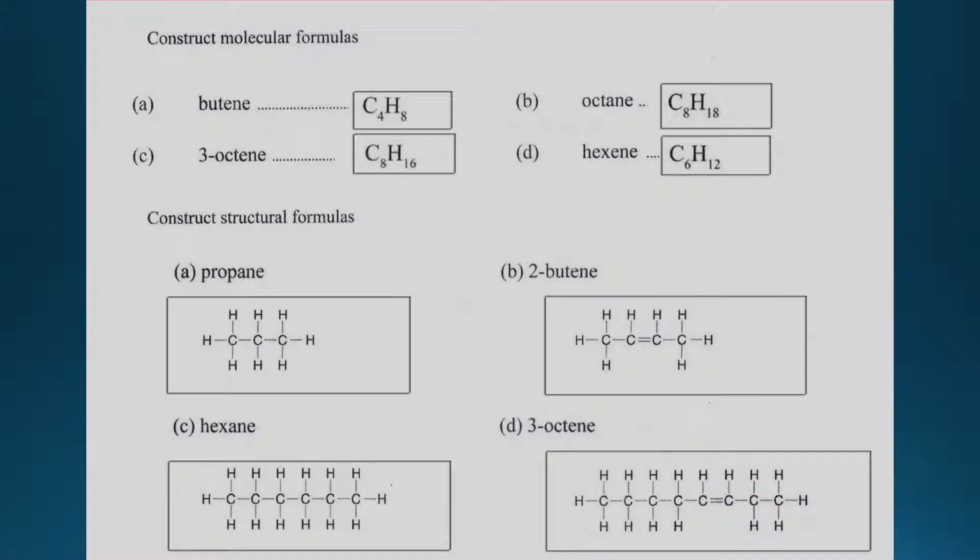This 3 should be the position of the double bond. And now make sure you have 4 bonds on the double bond: 1, 2, 3, 4. Correct. Look at the other side of the double bond: 1, 2, 3, 4. Now this is correct. So student, this is the way you draw the molecular structure, the structural formula, the structure name and formula.